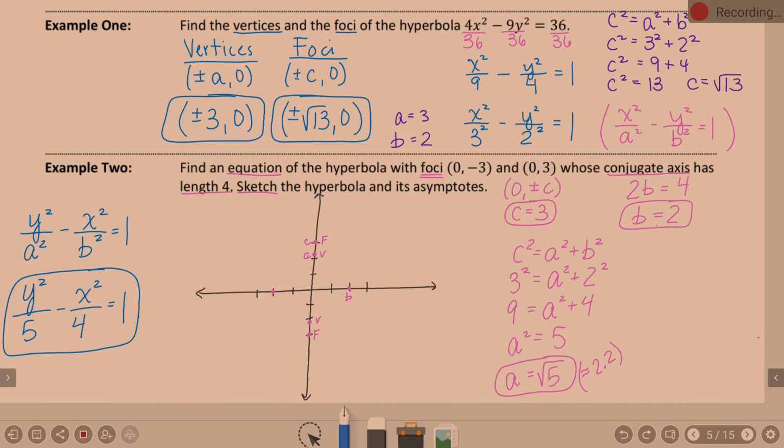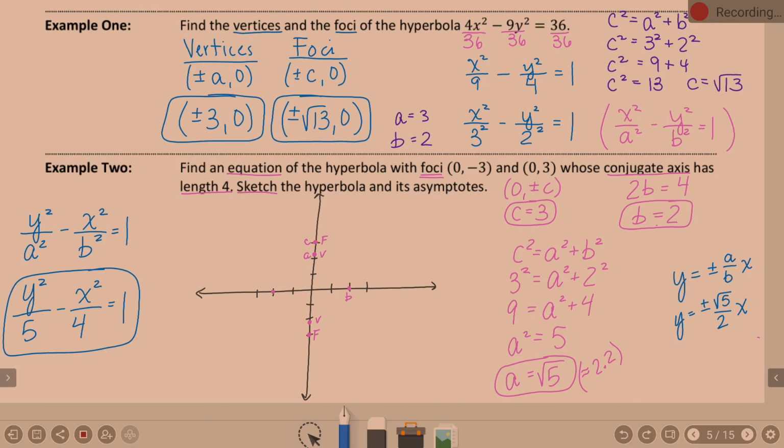Well, yeah, we can do that, but I really don't want to have to graph those lines. In our case, it'd be plus or minus square root of 5 over 2 x. But that's not an easy way to graph the line. What we do have here is essentially the slope of the line.